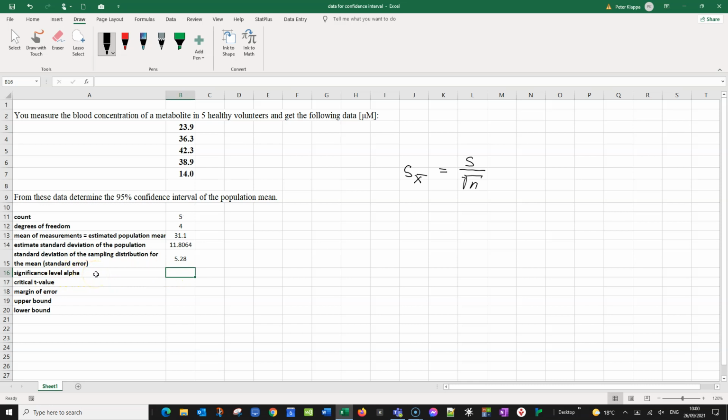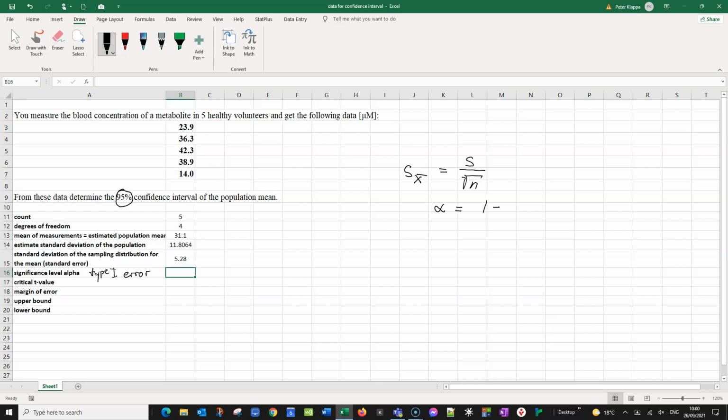That's also our type 1 error that we are willing to accept. And the type 1 error, that's very easy to calculate. The alpha in this case would be 1 minus the confidence interval number that we have, and that is this one here.